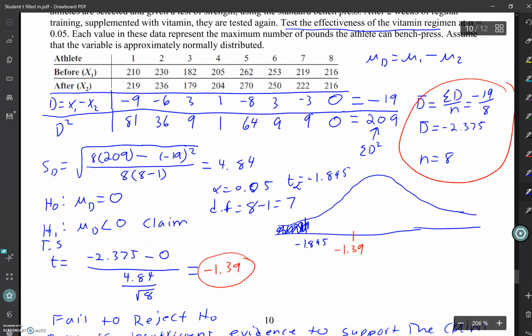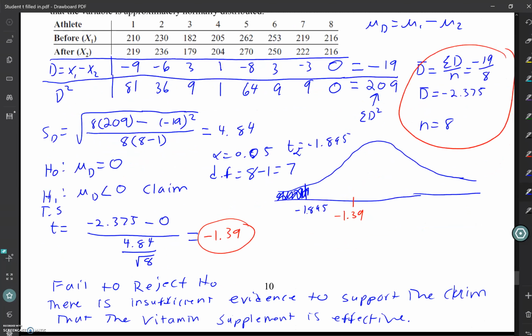Because we would have to get into that alternative to say that it is effective. Yes? Because we're not looking at our test statistic being less than 0. Our test statistic has to be less than our critical value. And it wasn't out there past our critical value.